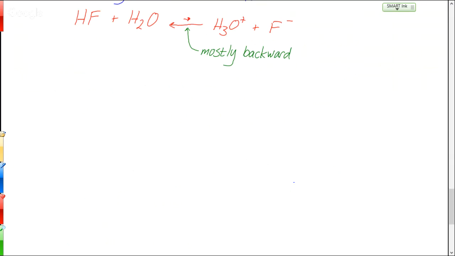So we haven't talked much about bases in the Ka. Let's see, what do we got, about 10 minutes? So let's look at bases for a minute, since we've been focused mostly on acids.